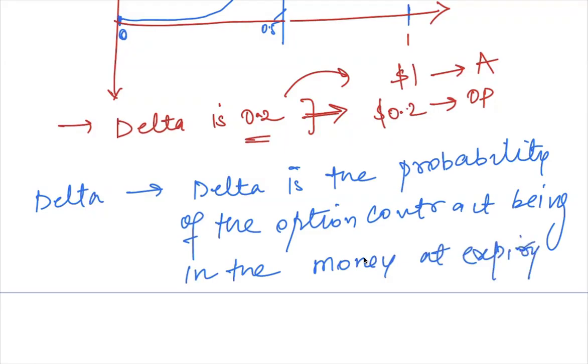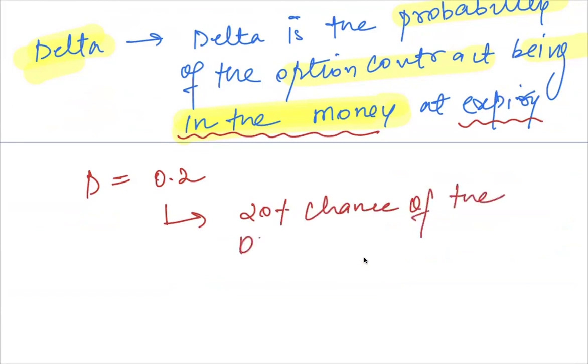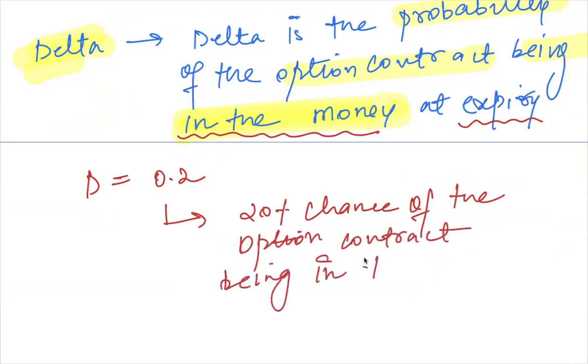This is very important. So when I say delta is 0.2, it basically means that there is a 20% chance of the option contract being in the money.